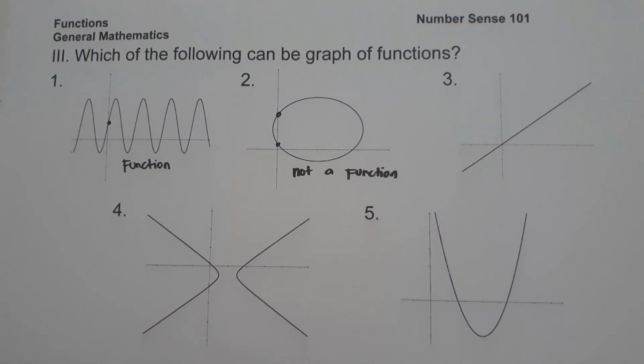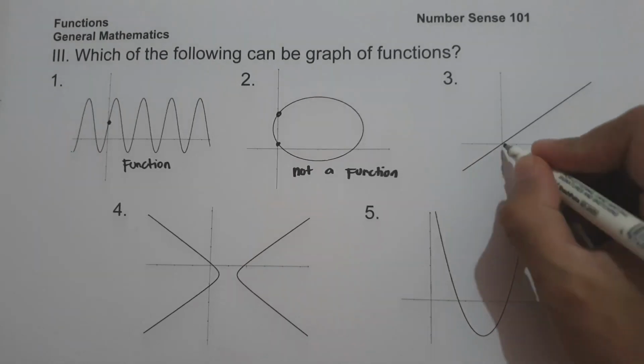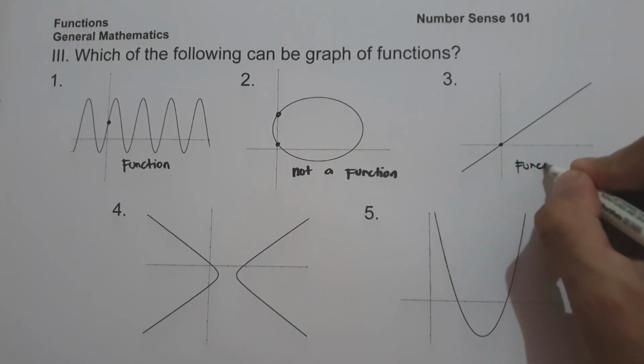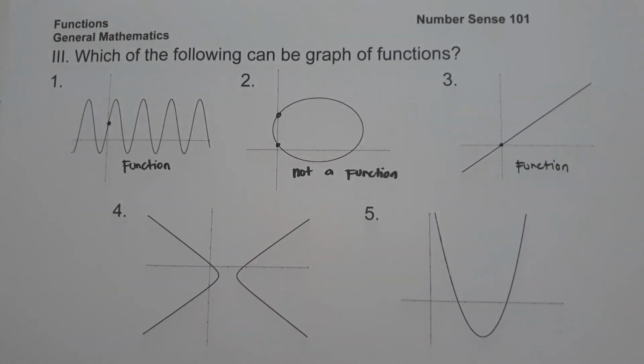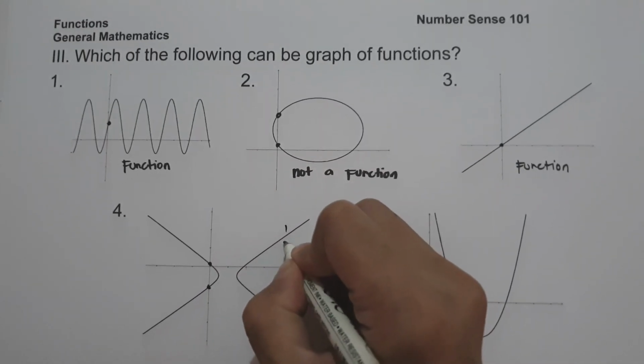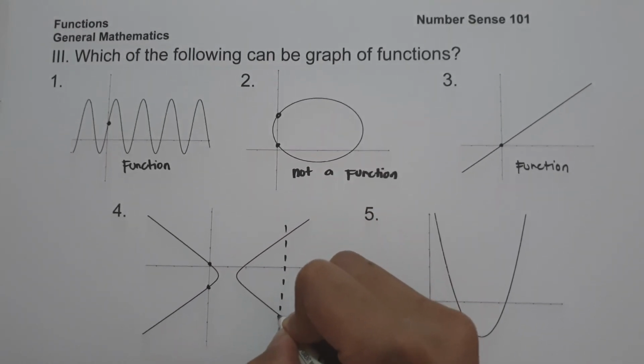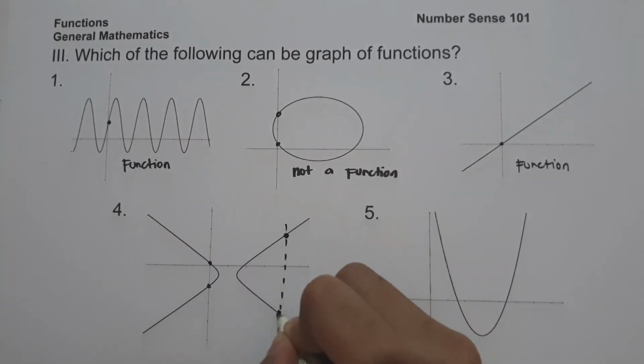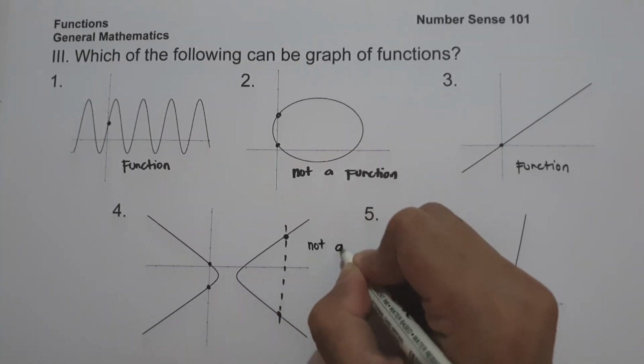On number 3, we have a graph of a linear equation and it intersects the vertical line once. So this one is a function. On example number 4, the given graph intersects the vertical line twice, that is 1, 2. And if we are going to draw a vertical line here, it intersects twice. So this one is not a function.